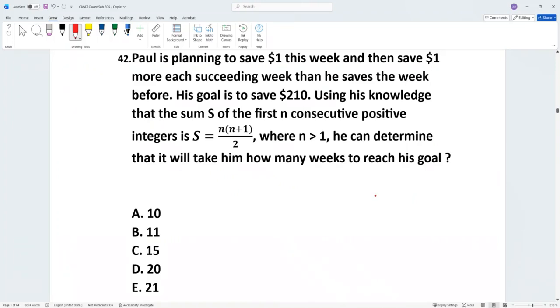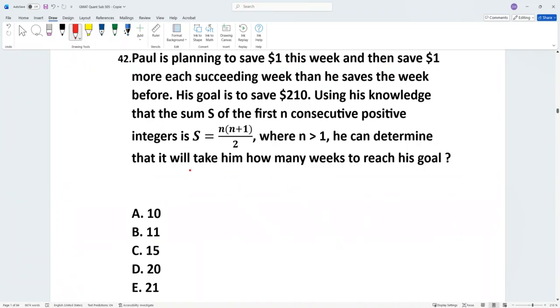His goal is to save $210. Using his knowledge that the sum S of the first n consecutive positive integers is S equal to n times (n plus 1) over 2, where n is greater than 1, he can determine that it will take him how many weeks to reach his goal?